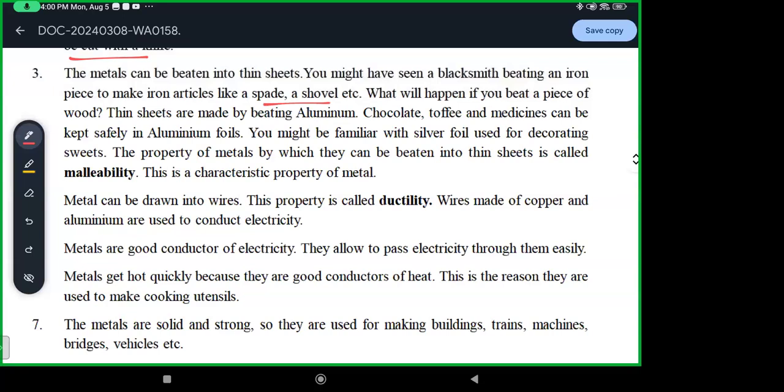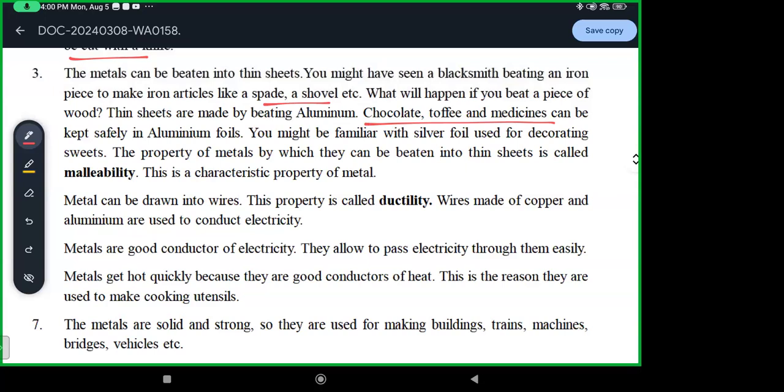Then what will happen if you beat a piece of wood? Thin sheets are made by beating aluminium. Chocolate, toffee, and medicines can be kept safely in aluminium foils. If you have seen the aluminium foils of chocolate, toffee, medicines, they are sheet-like, right?